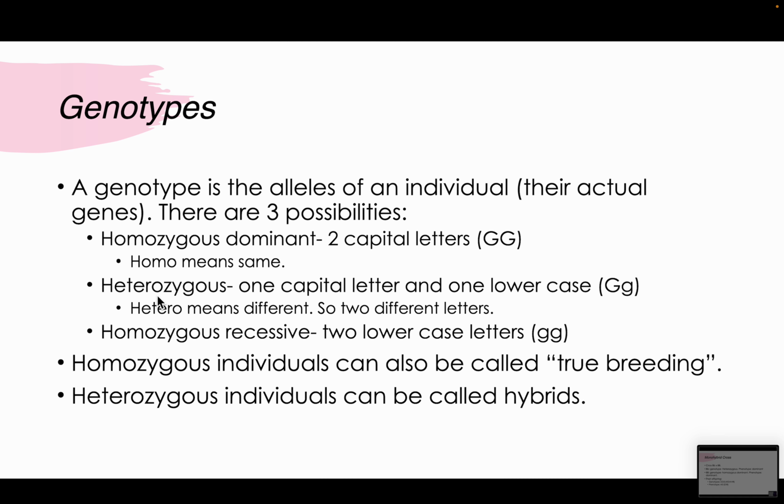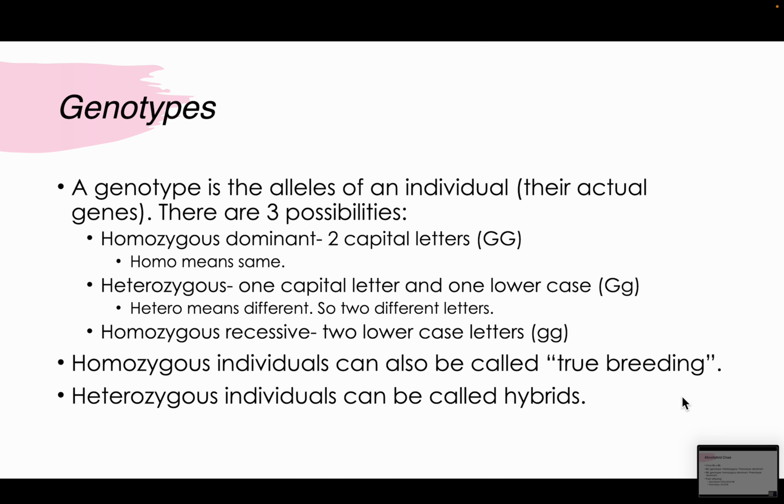I have heterozygous, which is one capital letter and one lowercase. Hetero meaning different, so I have two different letters right there. Then I have homozygous recessive, which is two lowercase letters. Again, homo meaning same, so I have two of the same letter, but because it's recessive, it's two lowercase letters.